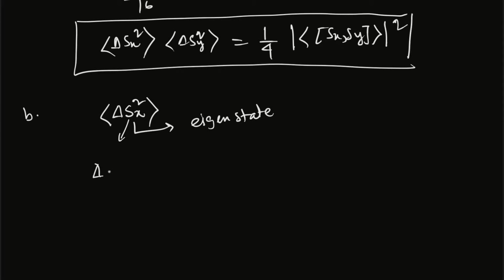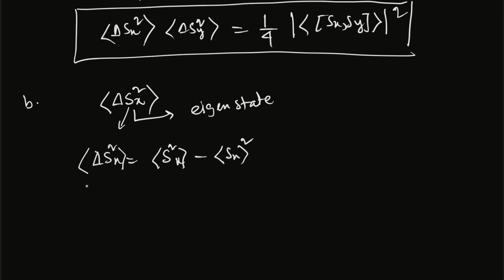Let us calculate that. ΔSx means Sx minus the expectation value of Sx, and we want its square expectation over the eigenstate of Sx.